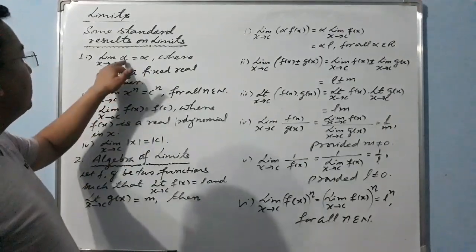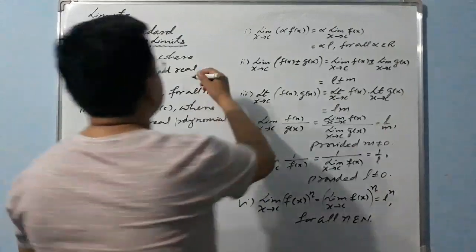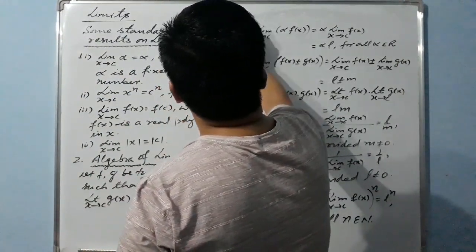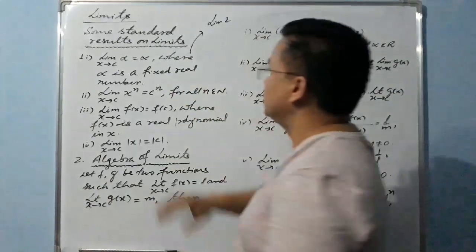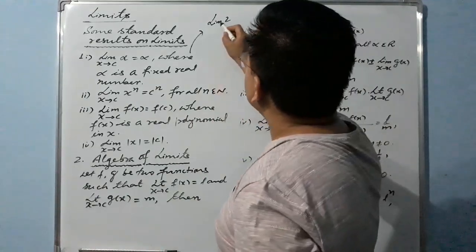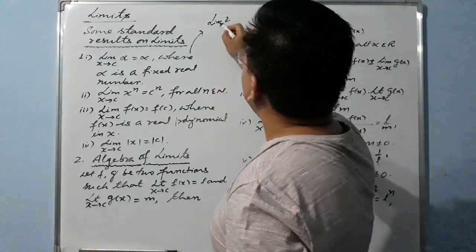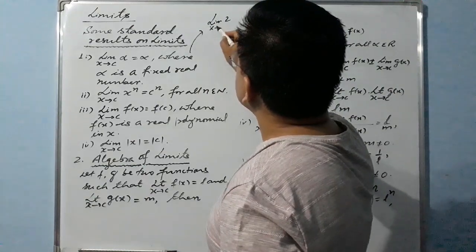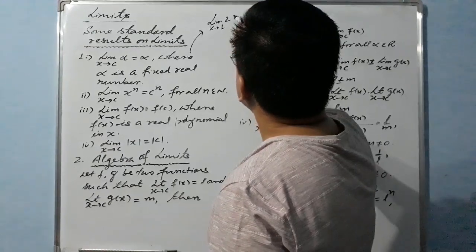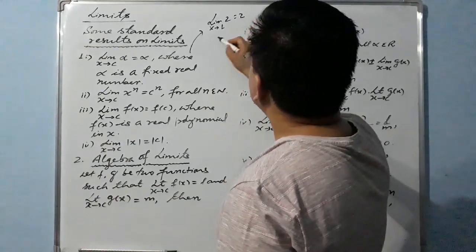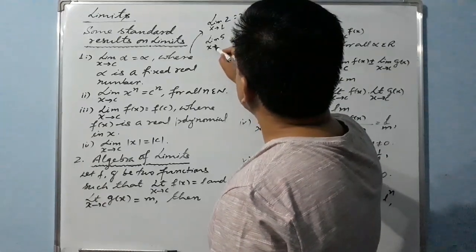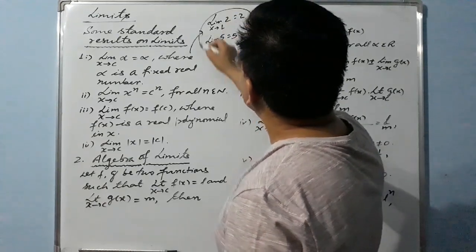For example, if we have the limit of 2, where c is a fixed real number, and we have to find the limit of 2 as x tends to any constant, let's suppose 1, the answer is 2. The limit of 5 as x tends to 2 is also 5.